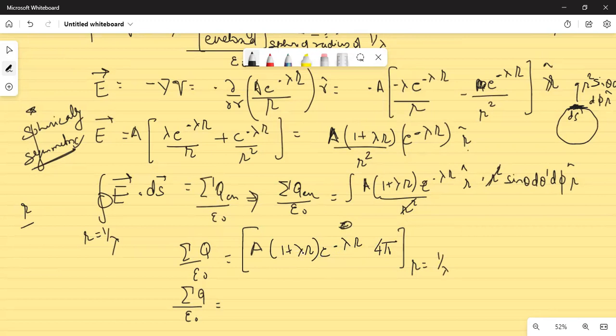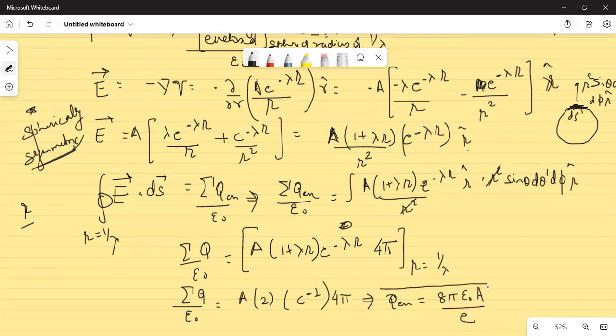So overall, the net charge enclosed divided by epsilon naught is given by A e to the power minus lambda, and all those things. You just place 1 plus 1, which is 2, and it becomes e to the power minus 1, and here you will have this 4 pi. So the net charge enclosed can be written as 8 pi epsilon naught A upon e.